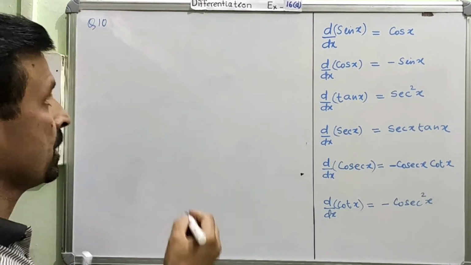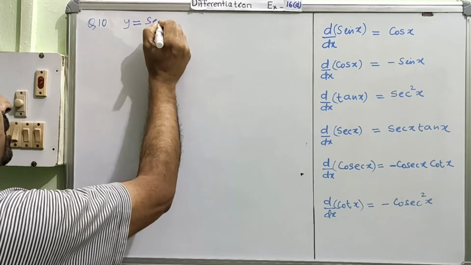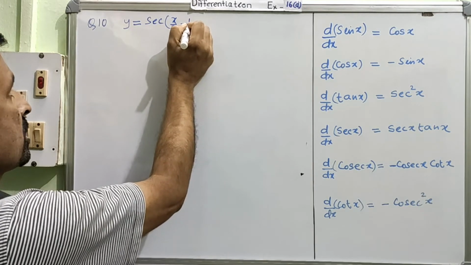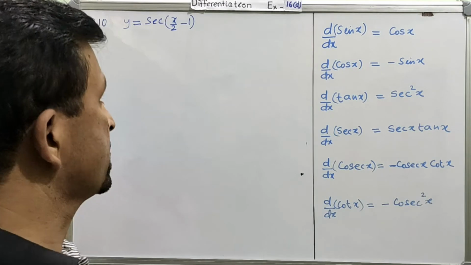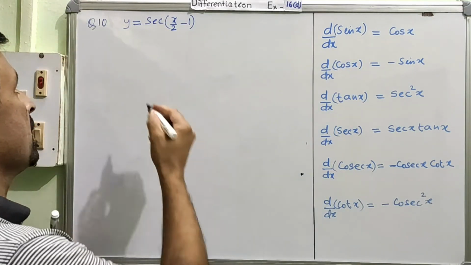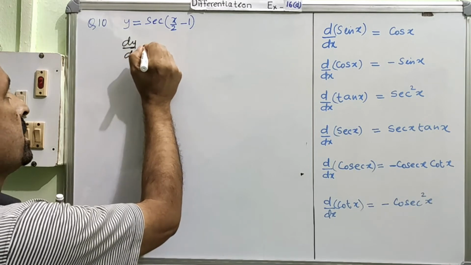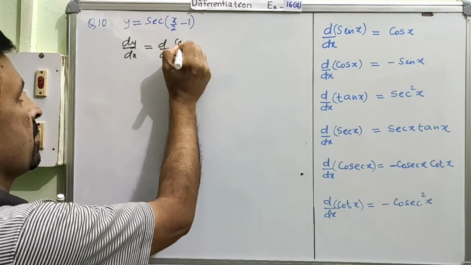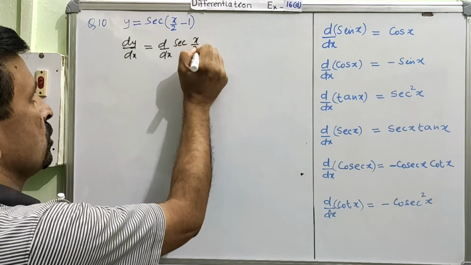Question number 10 is the derivative of sec x over 2 minus 1. This is your function. Now you can see, again this is very simple. We are finding the derivative: dy by dx is equal to the derivative of the given function sec x over 2 minus 1.